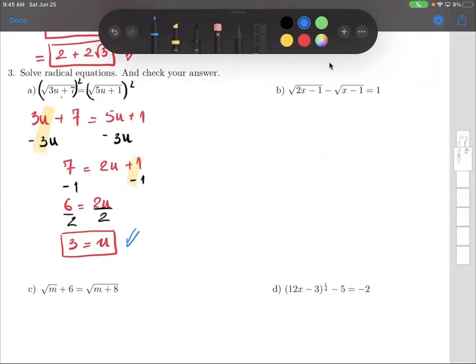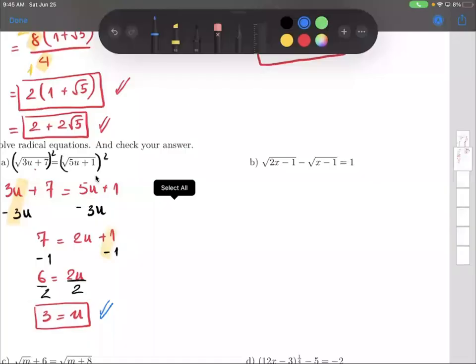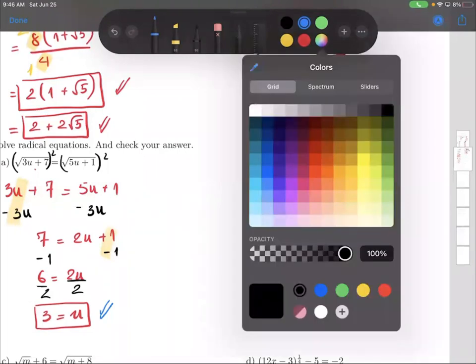Uh-oh. Something is wrong with number 3B. I fixed it, it just didn't save on the iPad. Okay, so 3B is supposed to be like this.